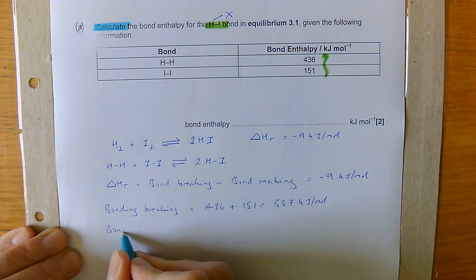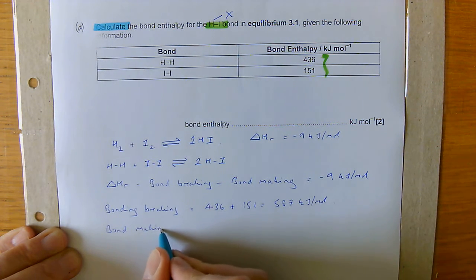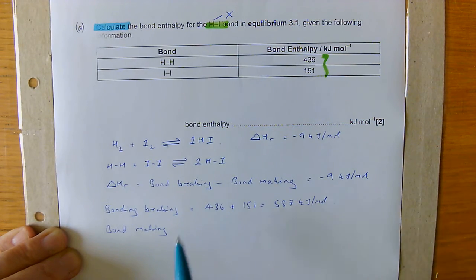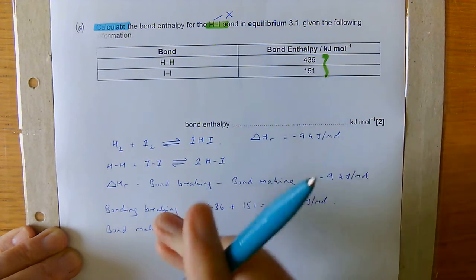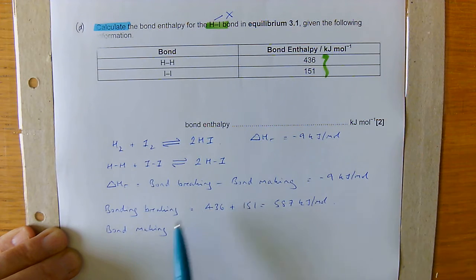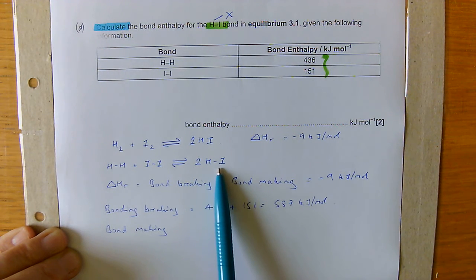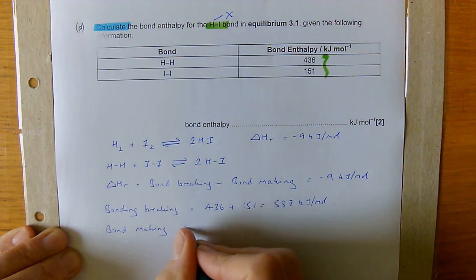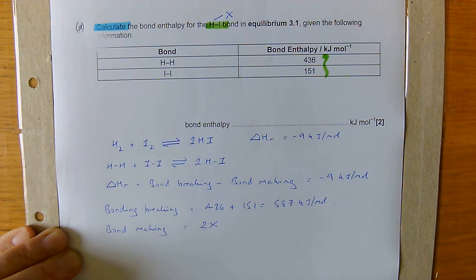Bond making. Now it hasn't given us any information on the HI bond. In fact, that's what we're going to try and work out. So we've said that's going to call it X. We just have to be a little bit careful because we're going to make two of those HI bonds. So the energy involved in making bonds is actually 2X.